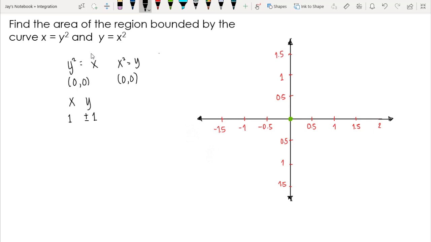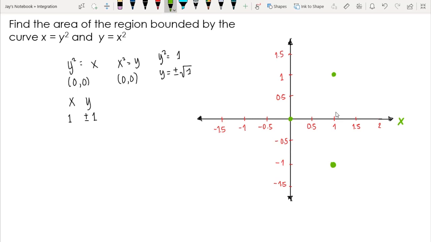Since we have y squared is equal to 1, y is equal to the square root of 1. Take note, it has two possible roots, positive and negative, so we have positive 1 and negative 1. So if x is equal to 1, our y is positive 1 at this point, and y is negative 1 at this point here.